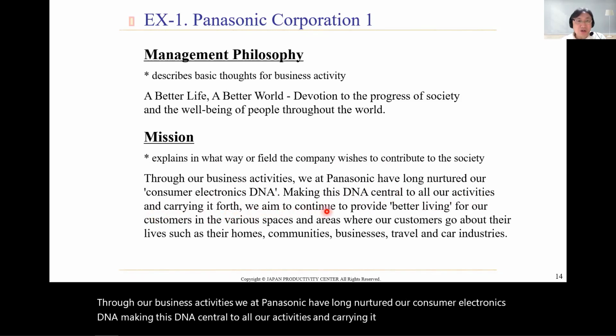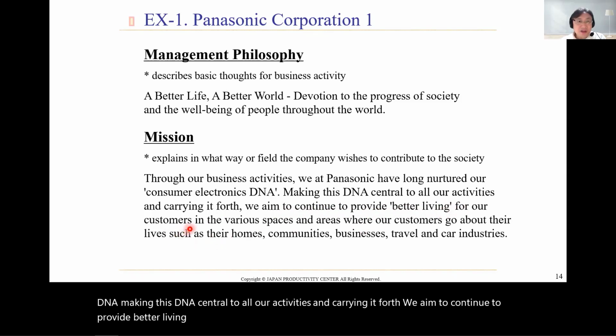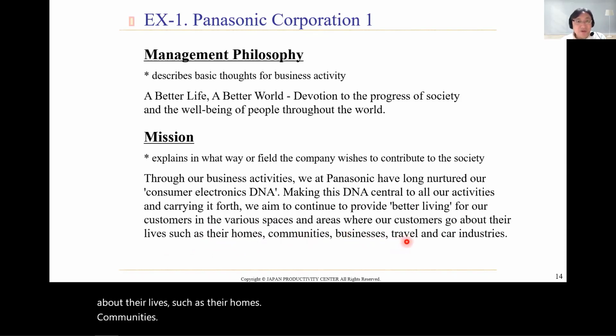We aim to continue to provide better living for our customers in the various spaces and areas where our customers go about their lives, such as their homes, communities, businesses, travel, and car industries. Well, in this statement, Panasonic clarifies the fields and the domains they will target.